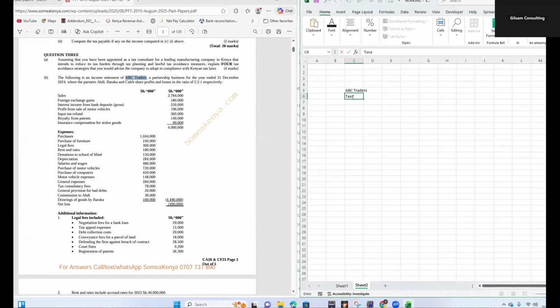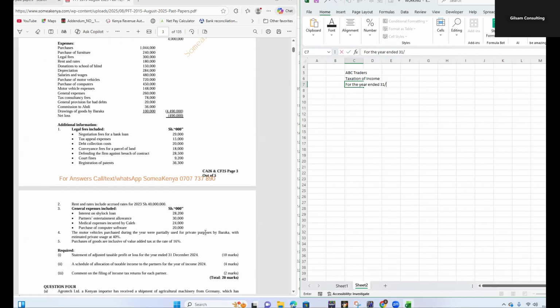Taxation of income for the year ended 1st December 2024.